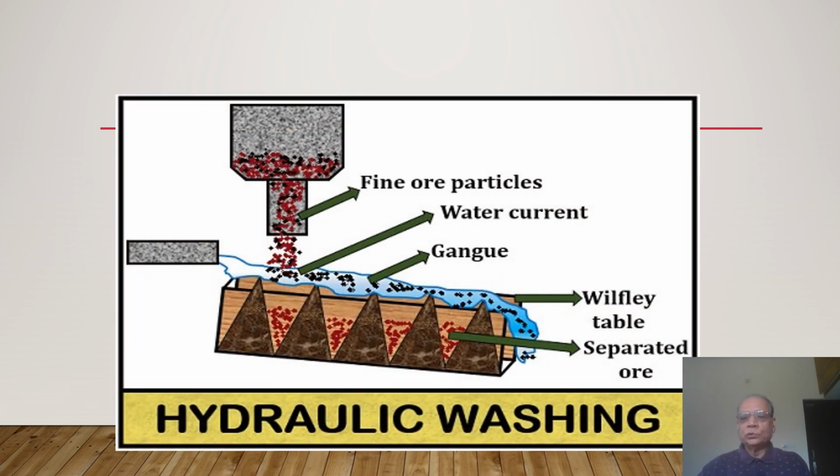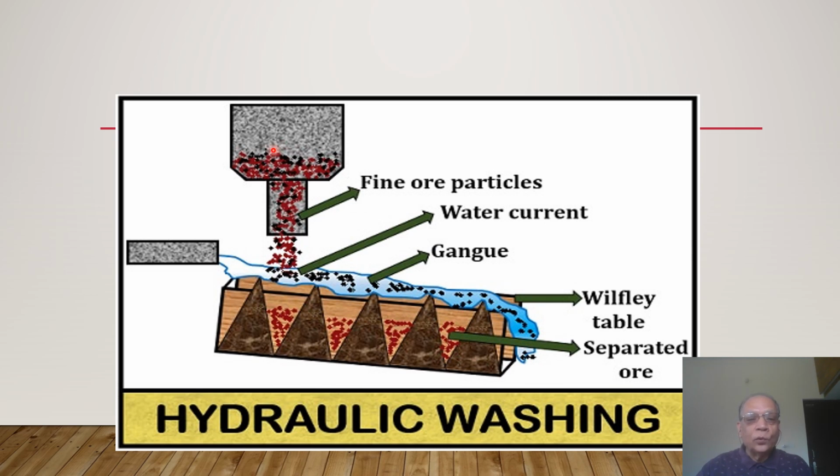We now come to the hydraulic method, which is as follows. This table is known as Wilfley's table. It has serrations and it is placed angularly. You can see it is not horizontal, it is angularly placed.